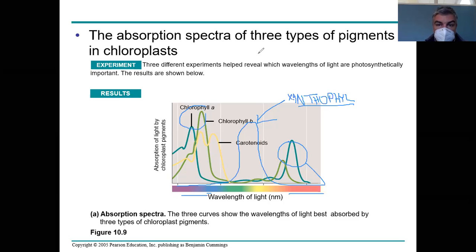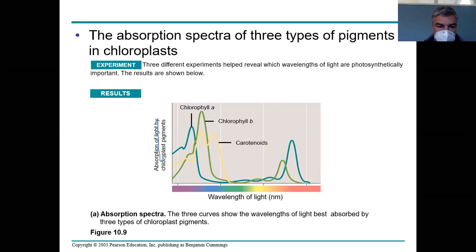So the reason that plants are green is because, this is absorbance. You have to look at this axis here. These pigments are absorbing, and that means if they're absorbing, what would be the opposite of absorbing? Reflecting. So this is what reflectance would look like.